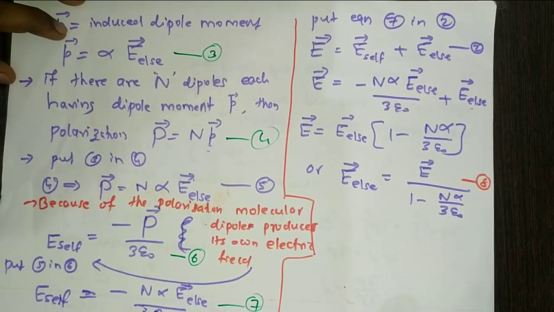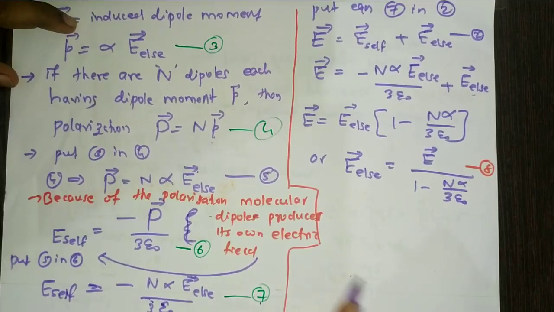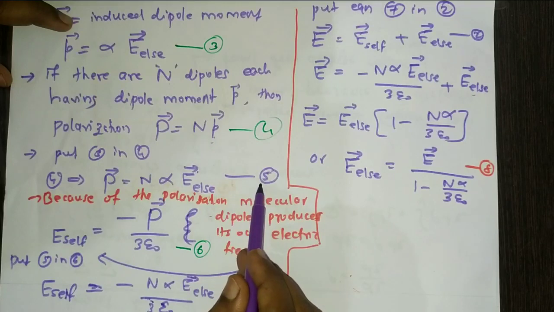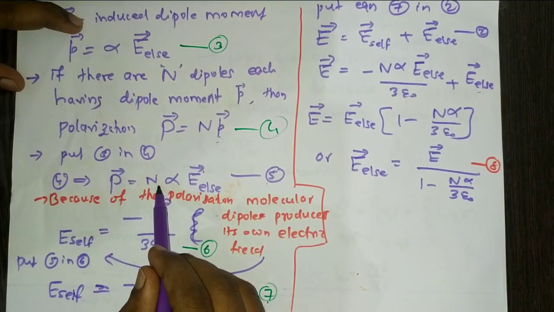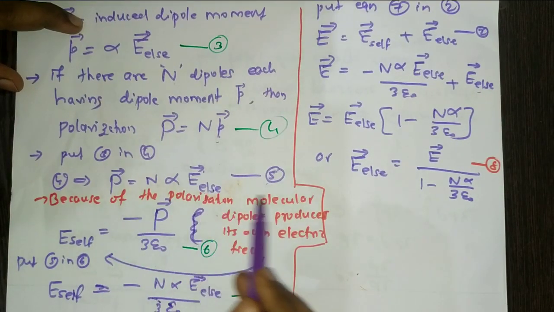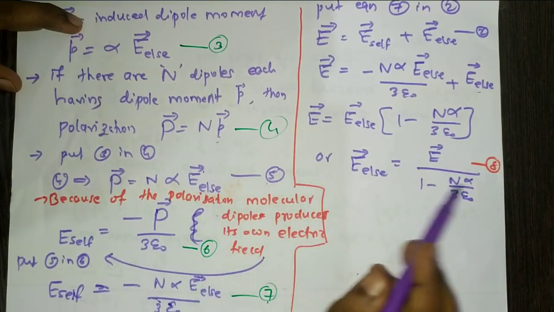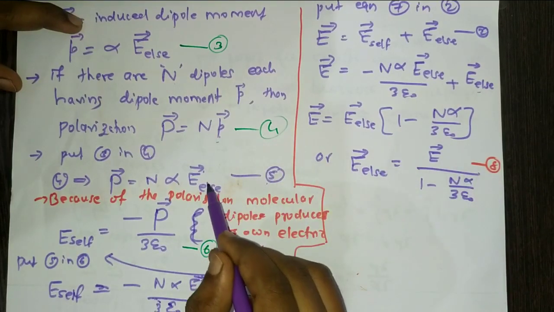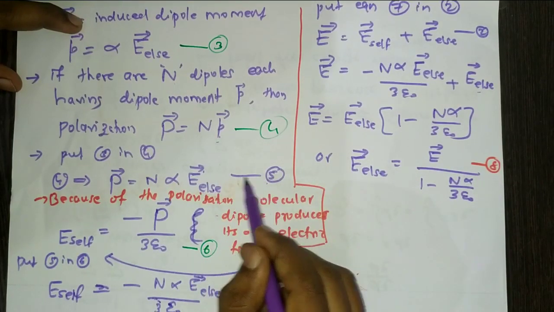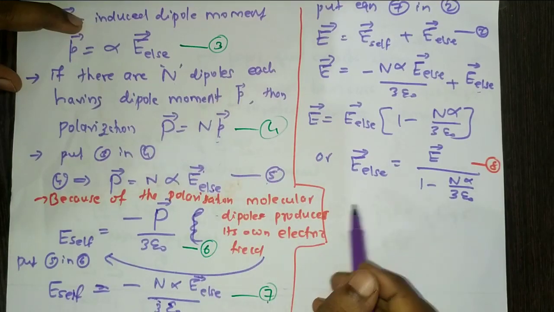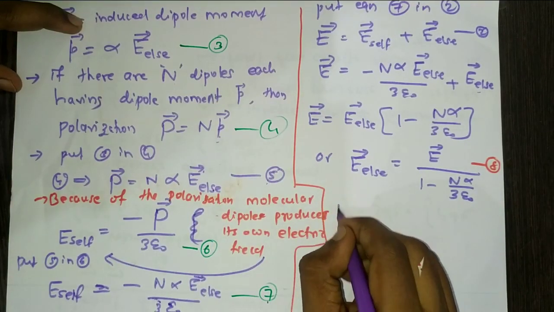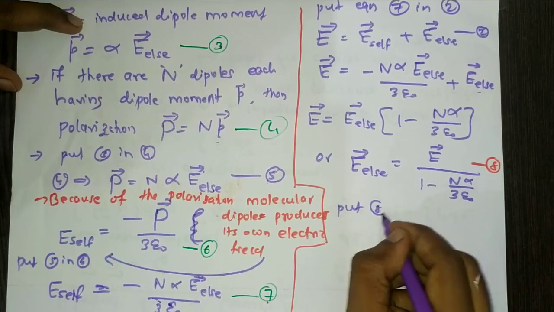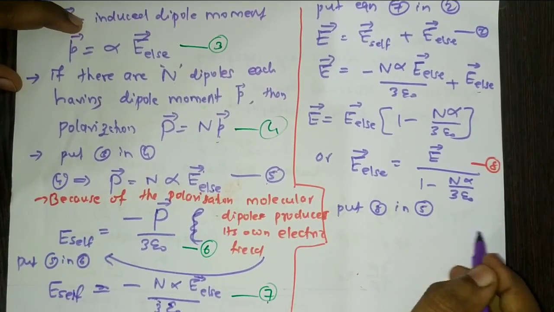Now if you look at expression 5, it contains P is equal to N alpha E_l. Let us substitute equation 8 in equation 5. I can replace E_l by this expression. That is, put 8 in equation 5.